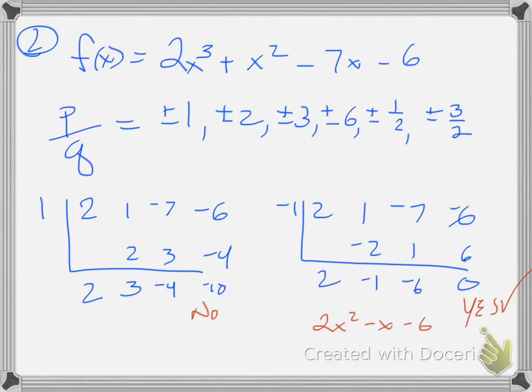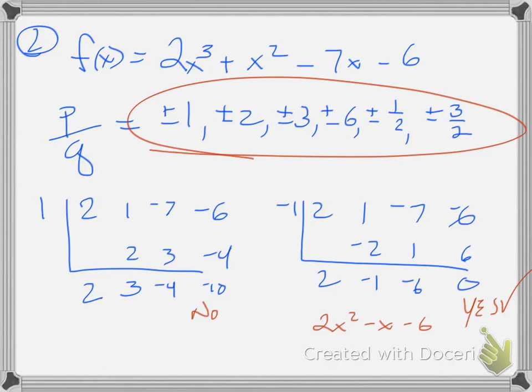Okay, so here is the list of possible rational roots. When you check 1, that doesn't work. Check -1, that does. And then you have this quadratic 2x squared minus x minus 6. When you factor that, it becomes 2x plus 3 times x minus 2.